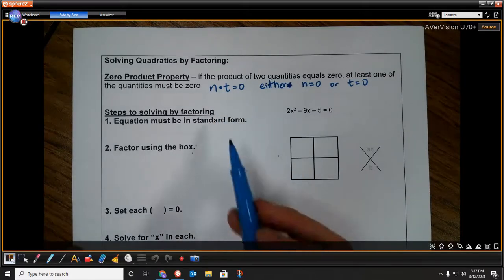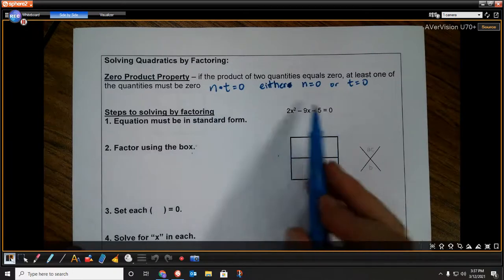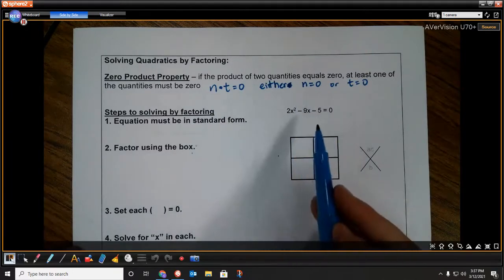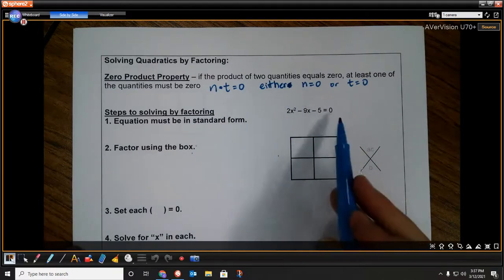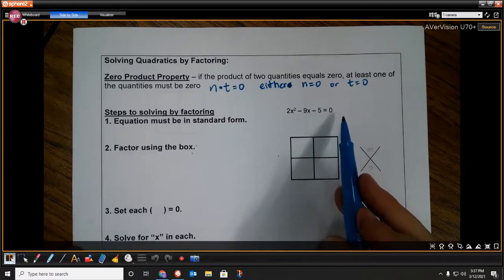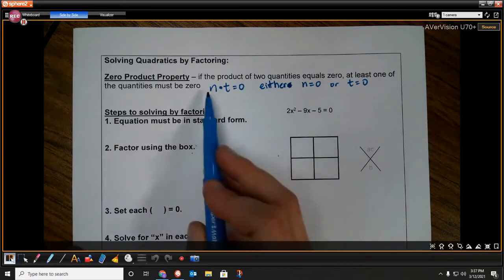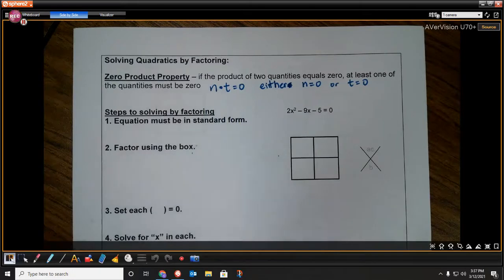And so guys, what we're going to try to do is break down our quadratic equation into two factors, and then we will set them both equal to 0 because of that zero product property.